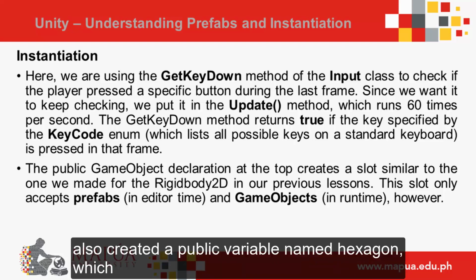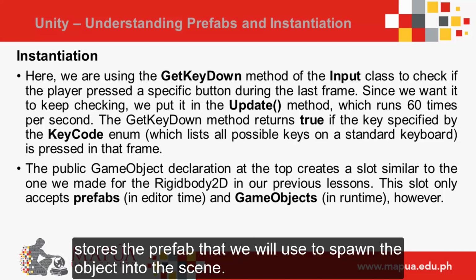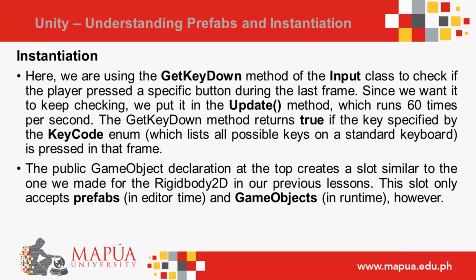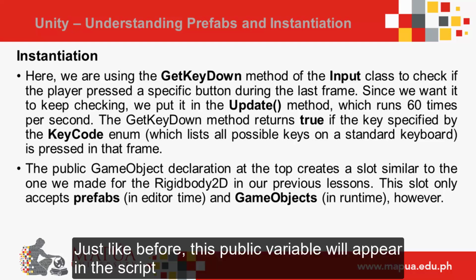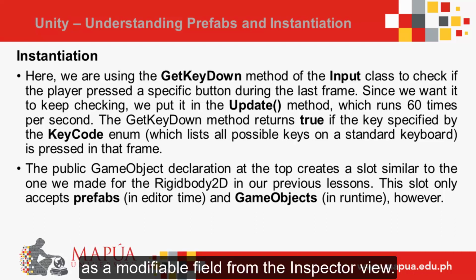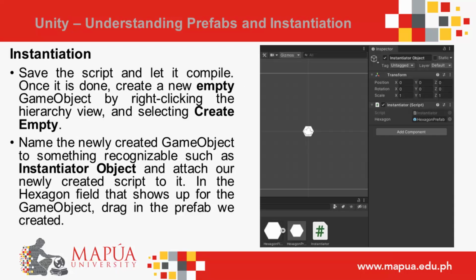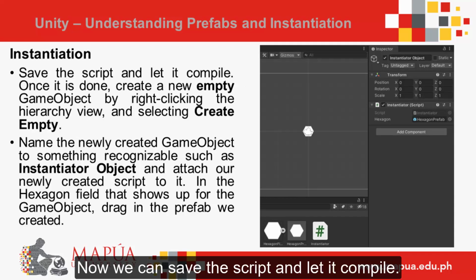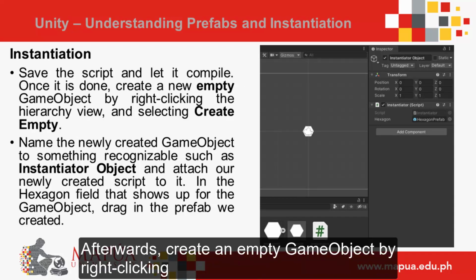We have also created a public variable named hexagon, which stores the prefab that we will use to spawn the object into the scene. Just like before, this public variable will appear in the script as a modifiable field from the inspector view. Now we can save the script and let it compile.